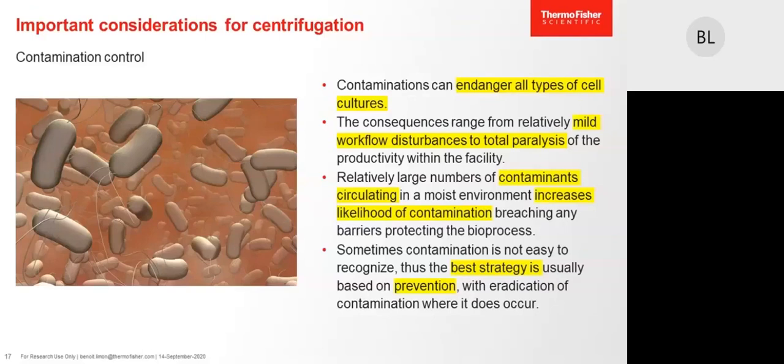This can void the commercial release of the product and maybe have an impact on the reputation of the company. And of course, the best way to prevent contamination is to have a strategy based on prevention and, of course, the eradication of the contamination where it does occur.